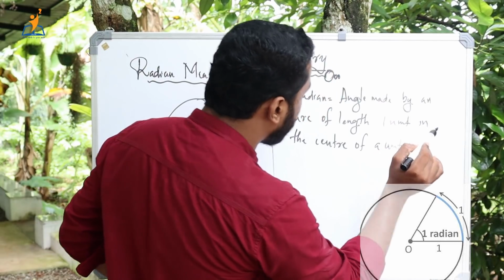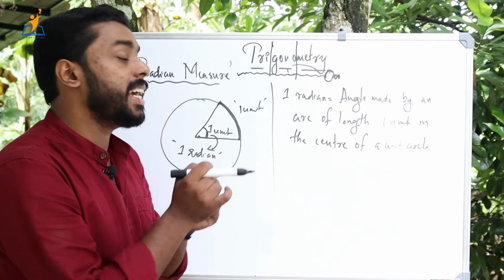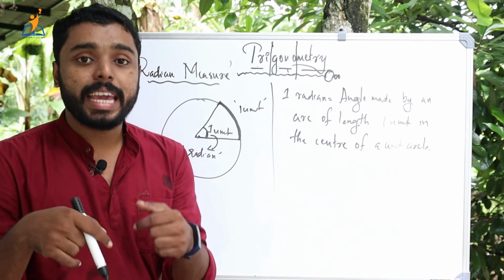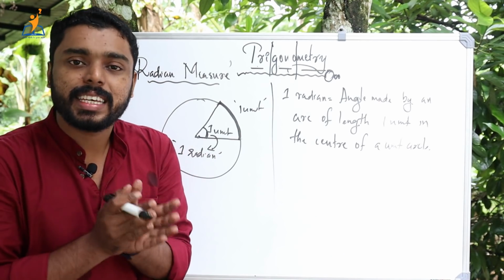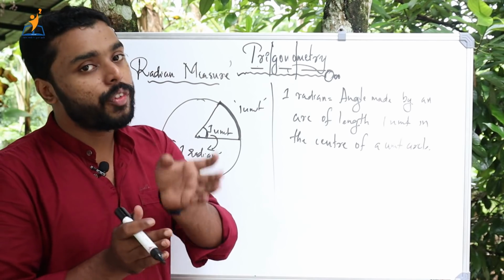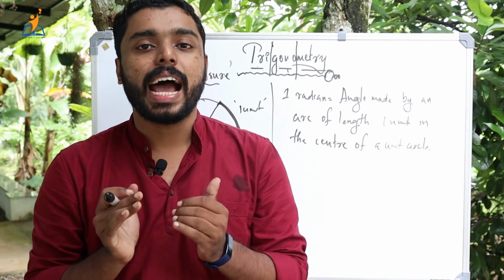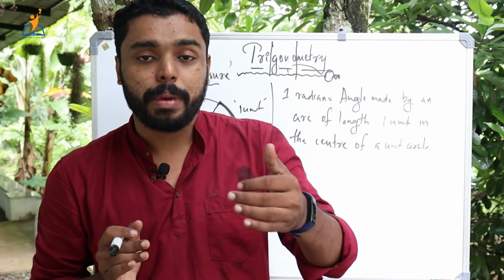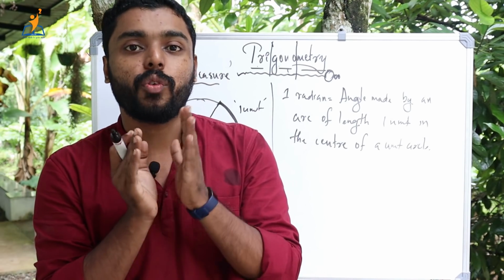So always remember that this is the quantity called radian. We need a unit circle and an arc of length 1 unit, so that the arc of length 1 unit makes an angle of 1 radian at the center of the circle, which is called 1 radian.